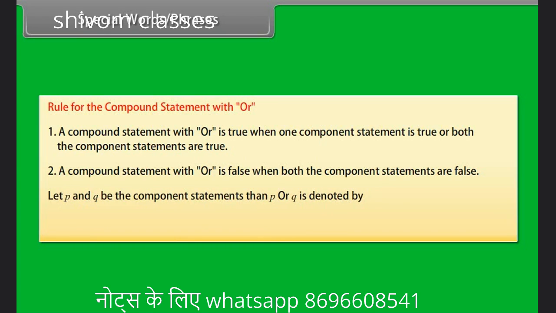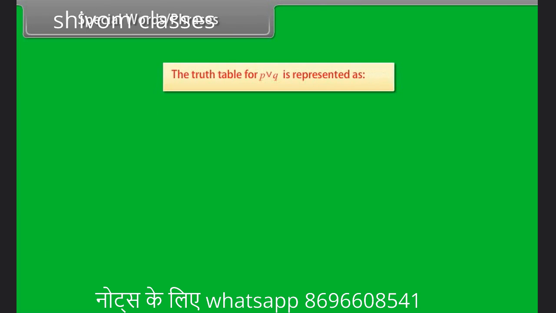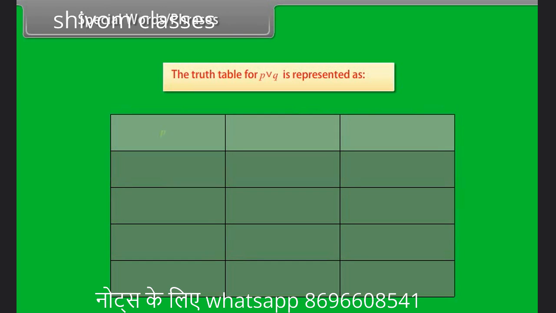Let P and Q be the component statements, then P or Q is denoted by P or Q. The truth table for P or Q is represented as: for P true and Q true, the P or Q is true. For P true and Q false, the P or Q is true. For P false and Q true, the P or Q is true. For P false and Q false, the P or Q is false.